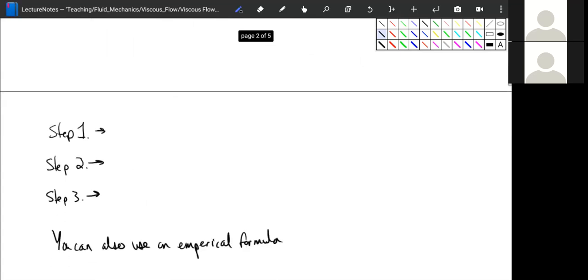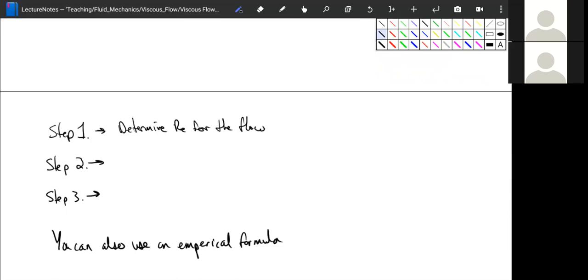So with the Moody chart, we have several steps. I will share a Moody chart with you on Blackboard, and I will encourage you to follow along while we do this. Step 1 is to determine the Reynolds number for the flow.